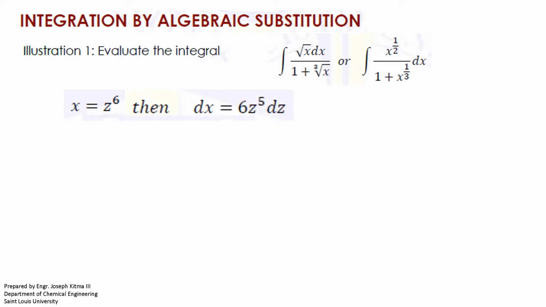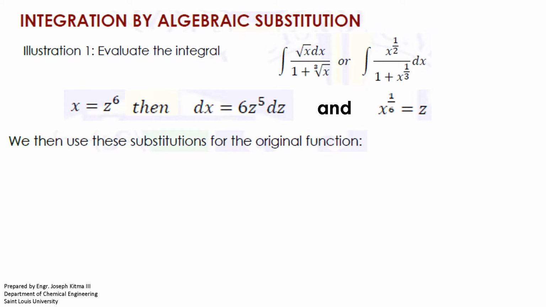And if we take the differential of x, then the differential of z raised to 6 now becomes 6z raised to 5 dz. And at the same time, x raised to 1/6 is actually equal to z.